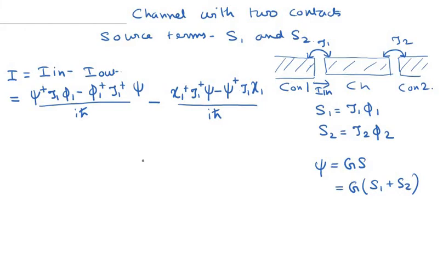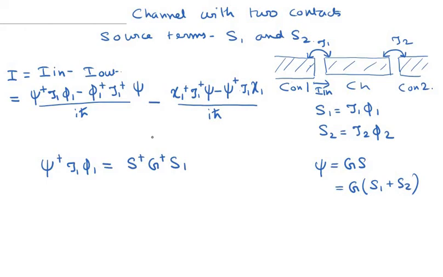So now let us simplify this term over here, and we will simplify in the way that we did earlier. That's not much difficult. So let me consider this term over here, phi dagger tau 1 phi 1. Now tau 1 phi 1 is equal to S1. So this is equal to S dagger G dagger, and this is S1.